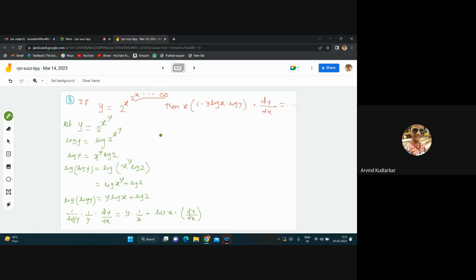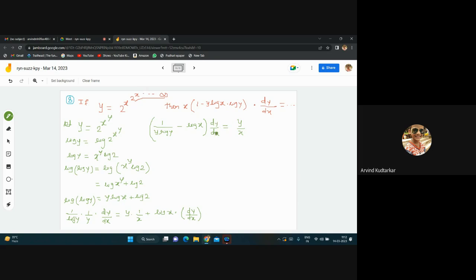I have taken that term directly, that is equals to y by x. So are you getting that same function which is already there in the question? No. So x into 1 minus y log x into log y into dy by dx.